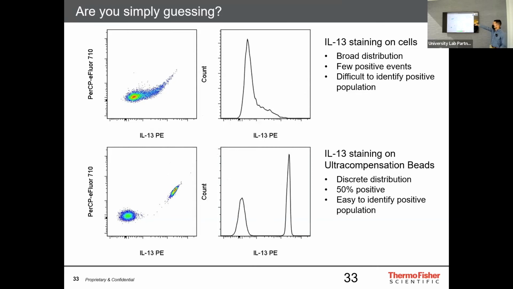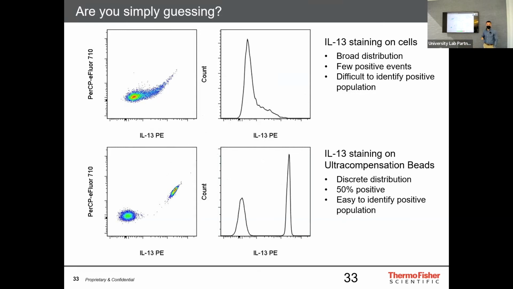So this is if you had an IL-13 PE and Percy-PE 4710 data, and you had to use cells for compensation. How would you know where your positive cells are here to designate those, right? It's a continuum. It's hard to make a gate.